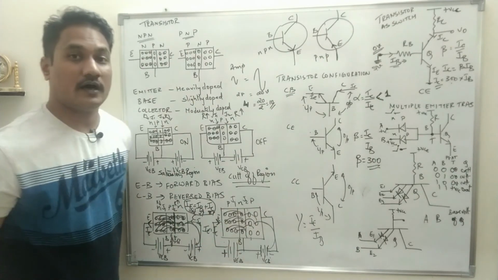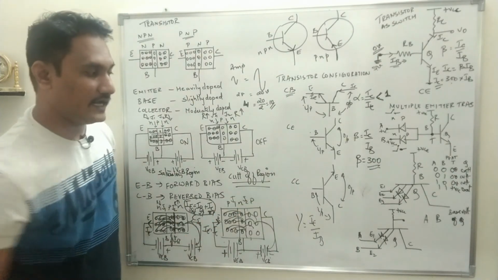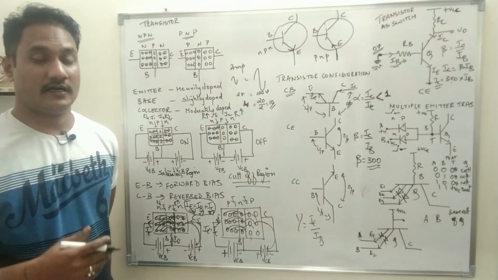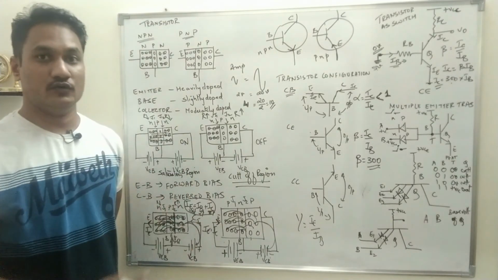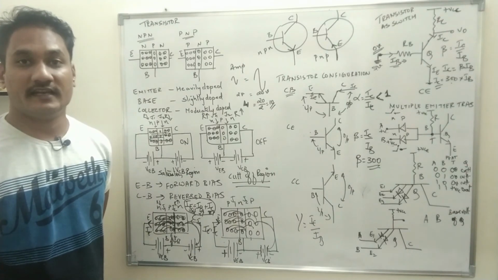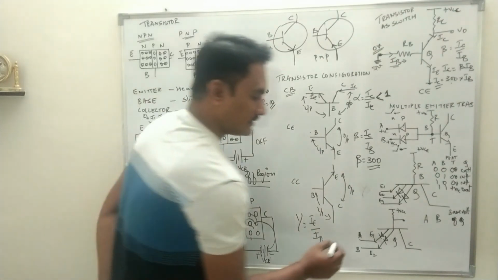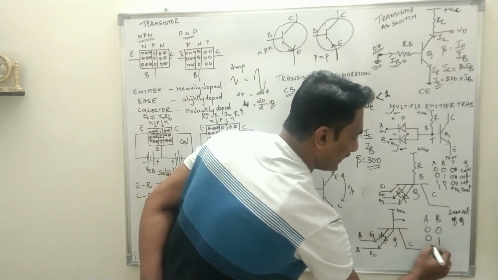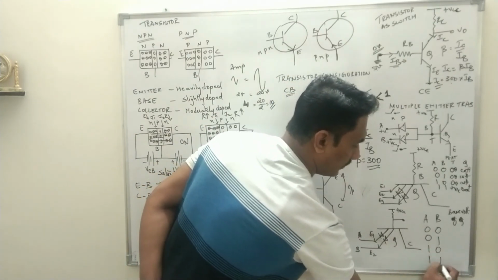Let us try to understand the operation of that multiple emitter transistor, because this is what we are going to use in a TTL logic family. So see, this is A and this is B. How many possible combinations for A and B? 0 0, 0 1, 1 0, 1 1.